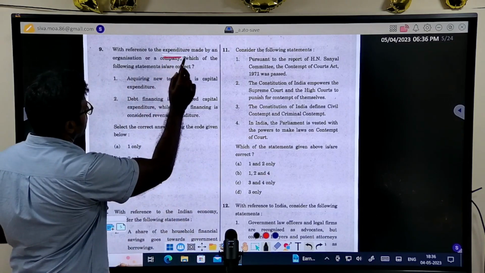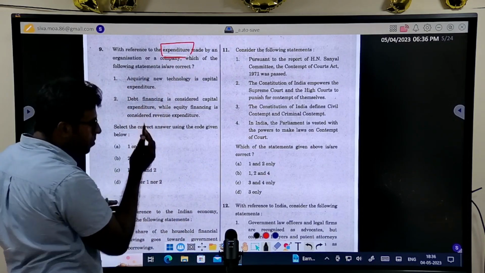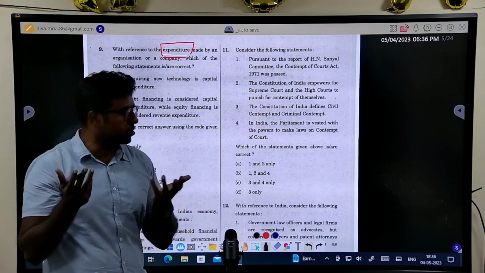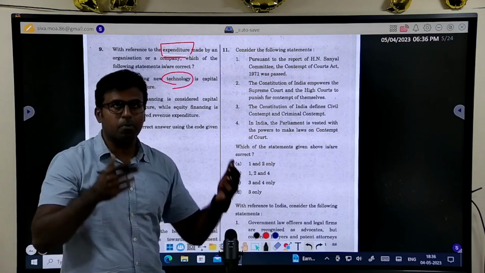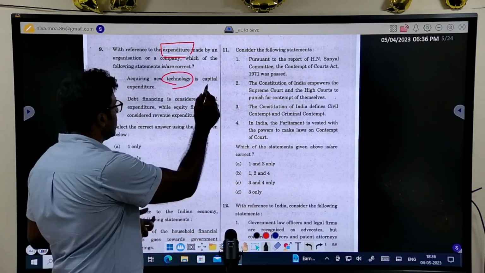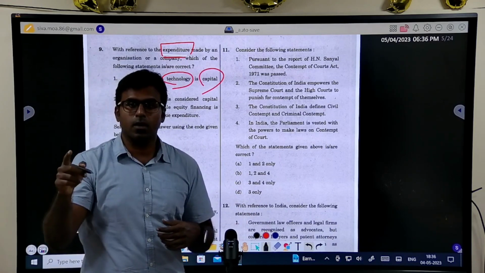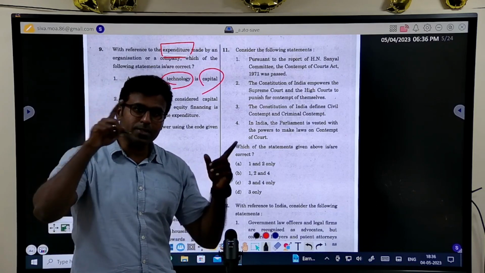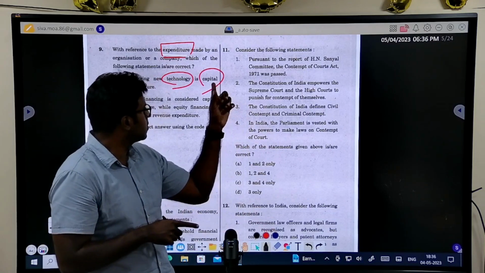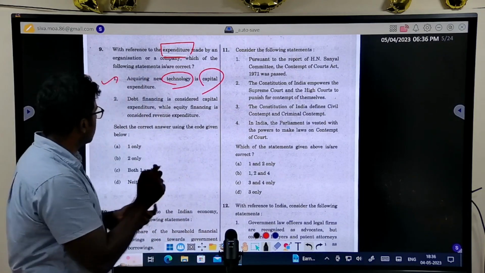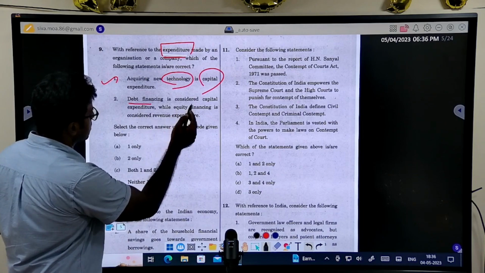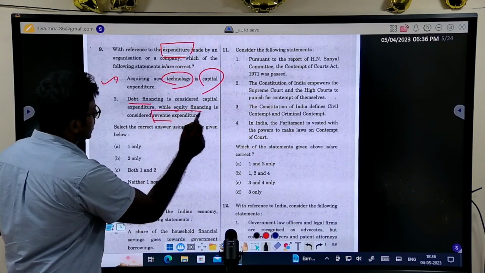With respect to expenditure made, if you start a company, you think about it, you are starting a company, you are buying a technology, you are buying a chair, you are buying a building, everything is capital, right? This is capital. When you are investing in something, that is capital. So this is true. Technology is a capital. Okay? But debt financing, and what is this? Both, see, this is not capital.